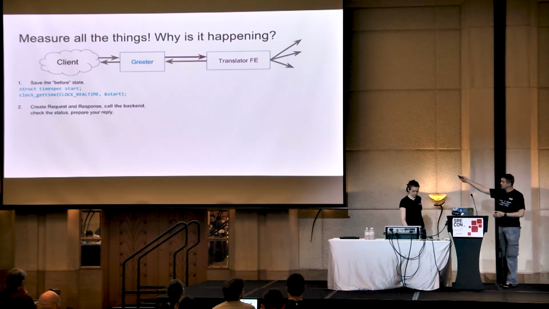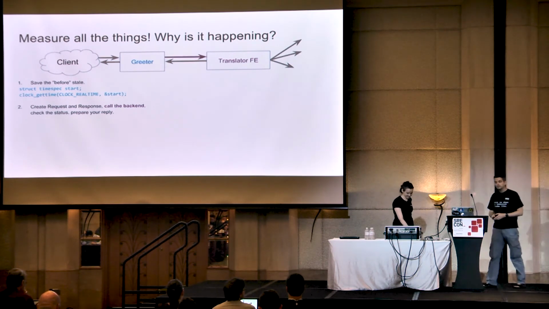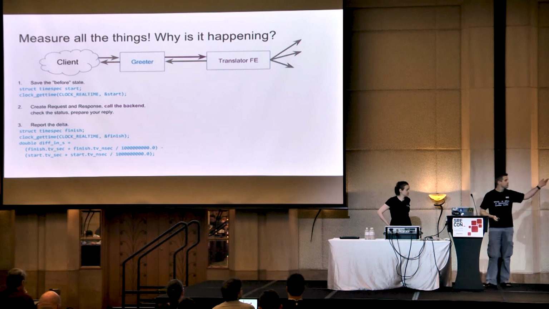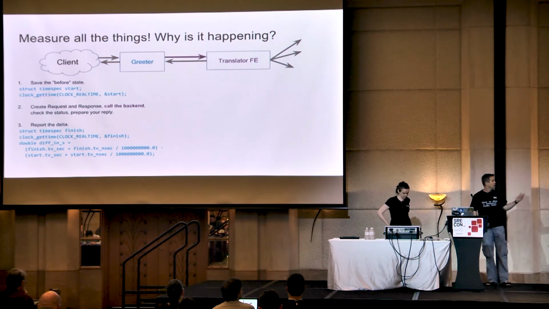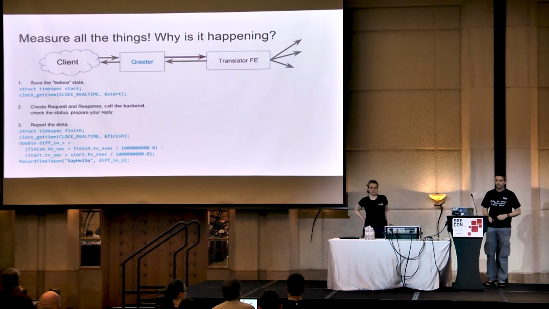In this case, we send the request and call the backend. Again, with the color coding. Somewhere. And then when it comes back, you check the end. Again, normal C library code, get the time, subtract the now from the start, and then log it to your favorite monitoring system saying what it is that took this time.